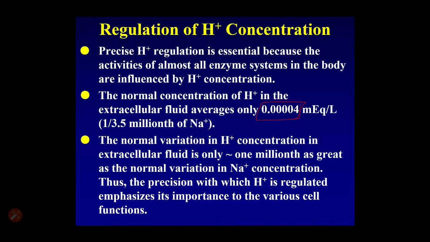Normal variation in concentration of extracellular fluid of H plus is about 1 millionth as great as the normal variation in sodium concentration. We thought sodium is very tightly regulated. This is even more tightly regulated. It changes like 1 millionth of the changes in sodium.